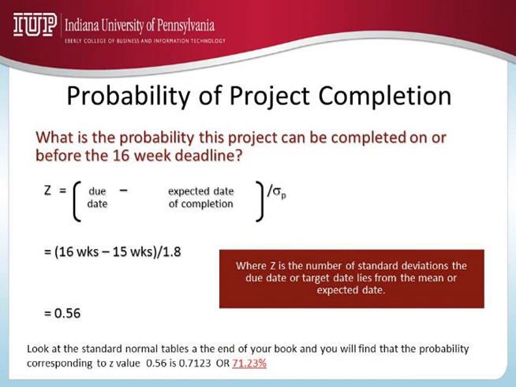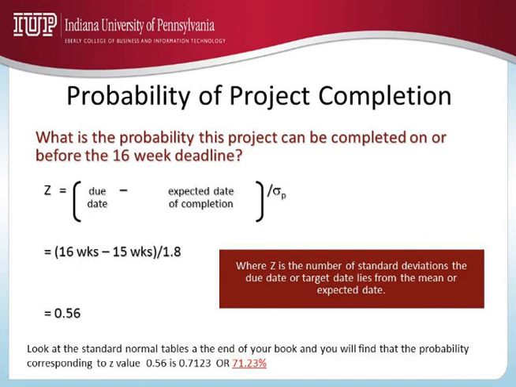So the z value will be 1.11. If you look at the corresponding value of the probability, you will see it is equal to 0.8665, which means the probability has jumped from 71.23 to 86.65.